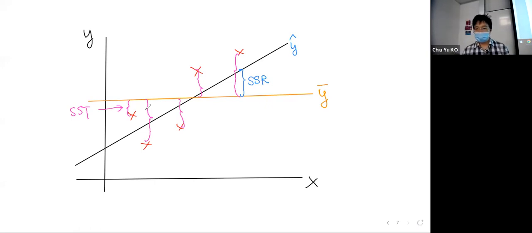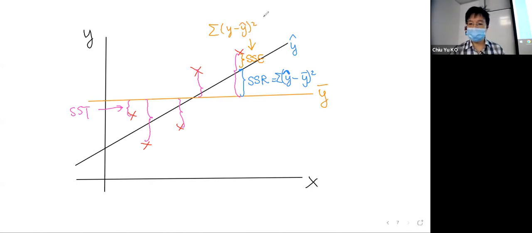And the last part is SSE. So this is the sum of y minus y hat, squared.